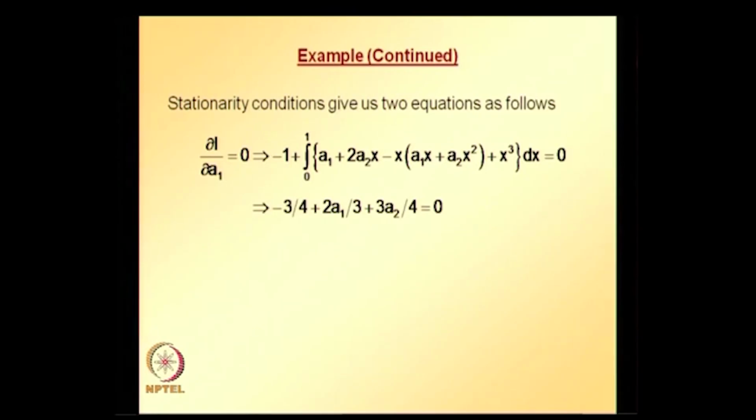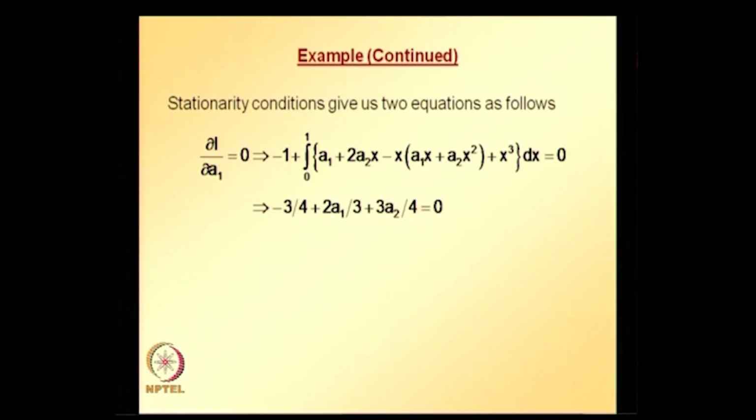Here we have two unknown coefficients a1 a2. So the first stationarity condition is the partial derivative of I with respect to a1 is equal to 0. You already have I as a function of a1 a2, you take the partial derivative of that with respect to a1 and equate it to 0, that gives you this first equation. And we have two unknown coefficients to be determined, so we need two equations.